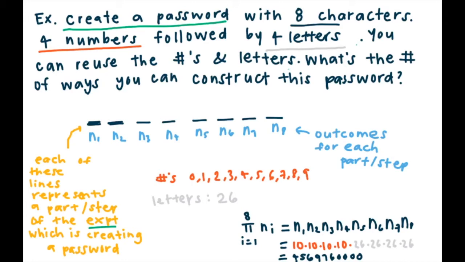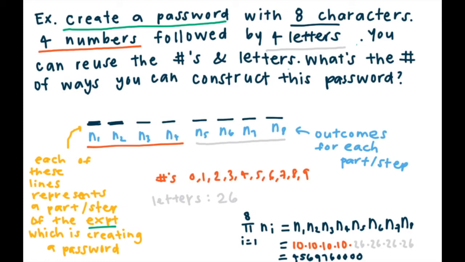So each of these lines represents a part or step of the experiment. And for this problem, our experiment is creating a password. So the first 4 spots are going to be numbers. And the last 4 spots are going to be letters.